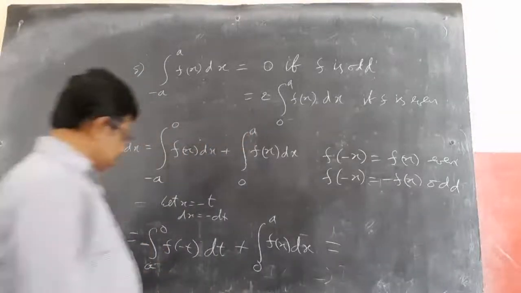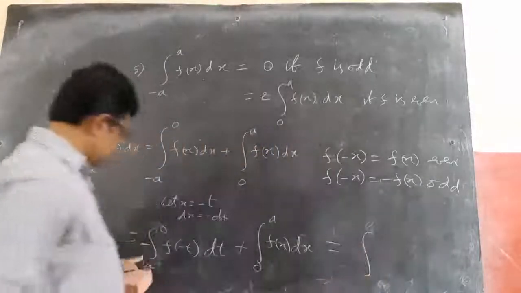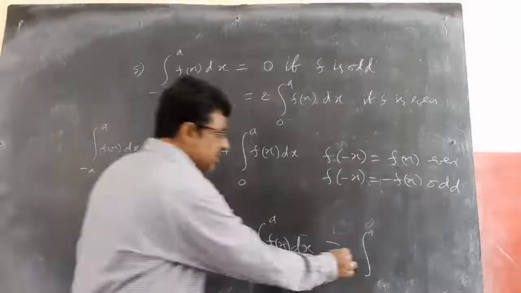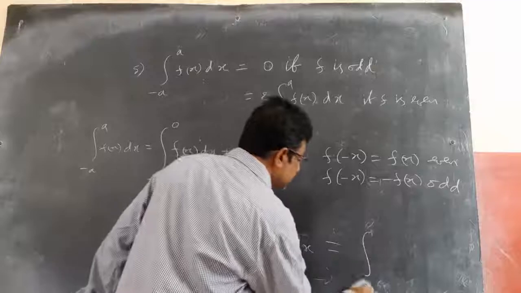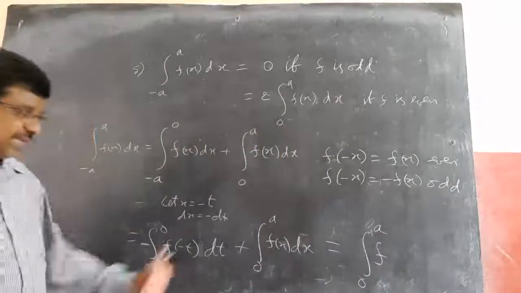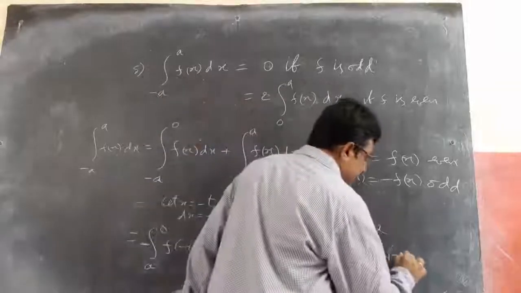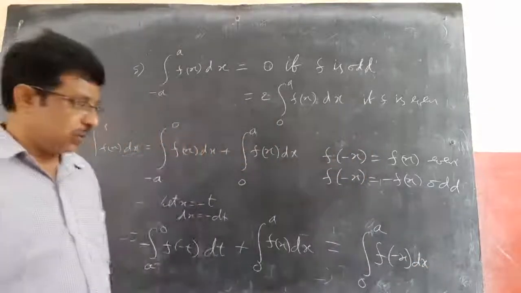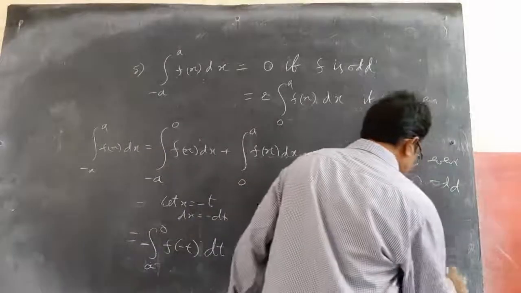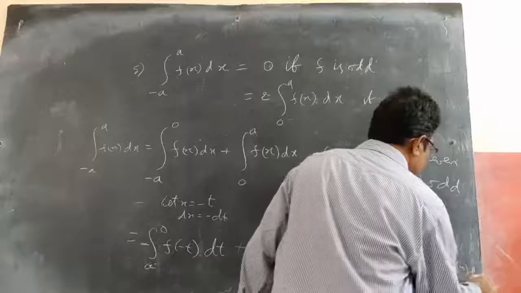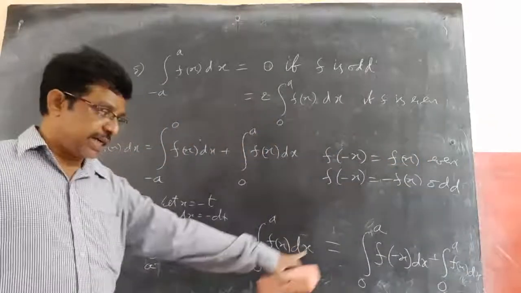If I change the limits, a to b becomes b to a, so minus of minus becomes plus, and this is 0 to a, with f of minus t dt as it is. I will write it as f of minus x dx, because this is a dummy variable and doesn't change the value at all, plus the integral from 0 to a of f(x) dx.